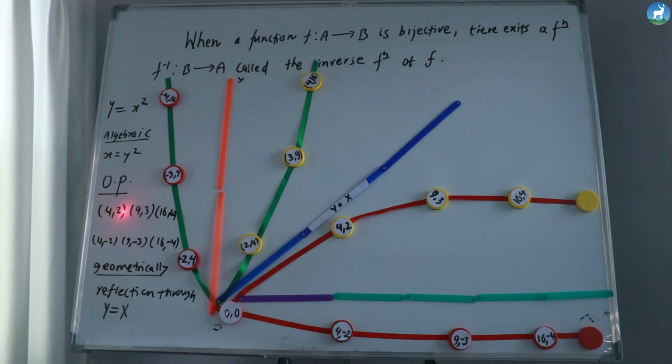Analyzing this in the ordered pair way, these are the points on the locus of the original function. Likewise, these are the points on the locus of its inverse. Looking closer, we can find that the x and y coordinates of the yellow balls are being interchanged. Likewise, the coordinates of the red balls are being interchanged.